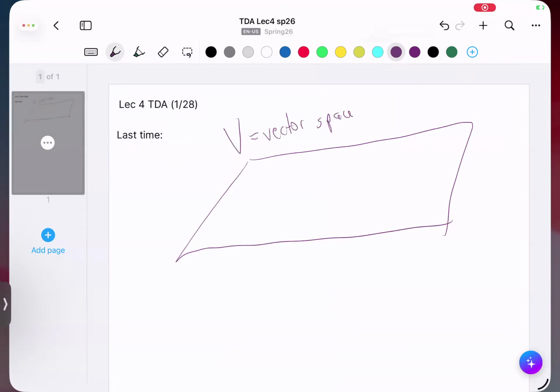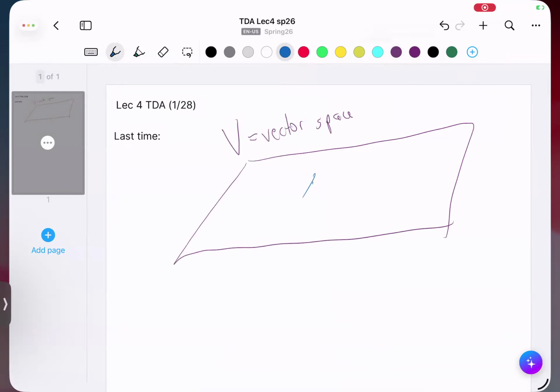Again, there's not a great picture here, but you have a vector space, and then you have a smaller subspace inside of it, right? So it's what you call a vector subspace. So here you have a vector subspace.